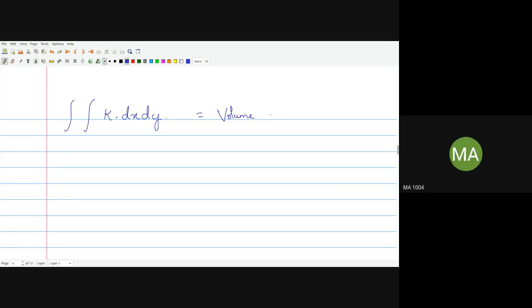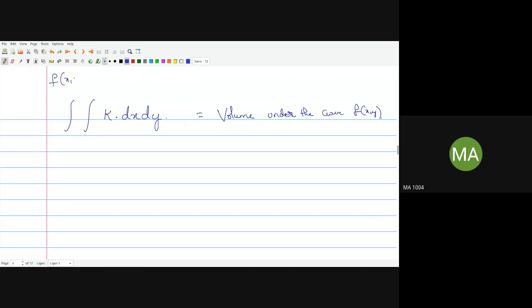Okay, so this is volume under the curve f(x,y). Agree with this? Yes, sir. Okay, please go ahead. This is volume. Will you agree with this?